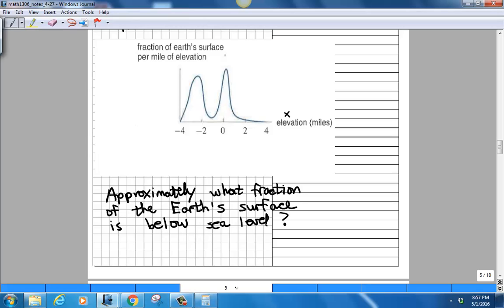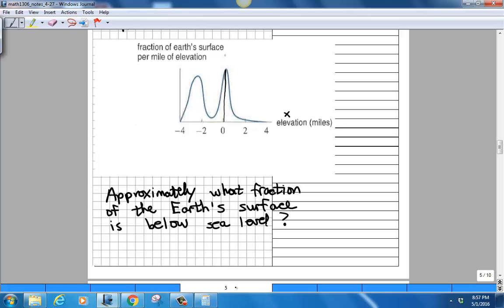You may know the answer to this question because this frequently comes up in geography classes. We know it's a big fraction of the Earth's surface that is below sea level. Let's see if we can get an approximate value from this density function, and then you can look that up with Google and see how close we got to being correct.